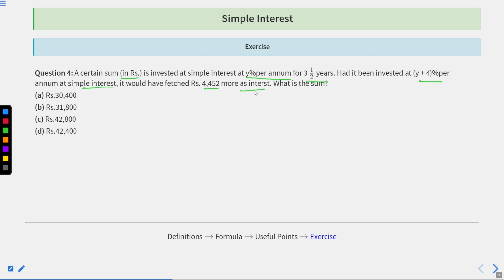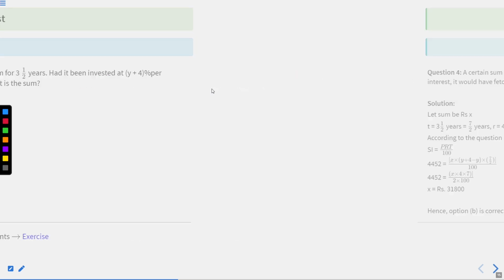And now imagine if the rate of interest at which the money was invested was Y plus 4%. Suppose the amount was invested at 5% and now the amount is invested at 9% per annum. So now it says if Y plus 4 was the rate of interest, then he would have fetched 4,452 more rupees as interest. So what is the sum? That is what we have to find.